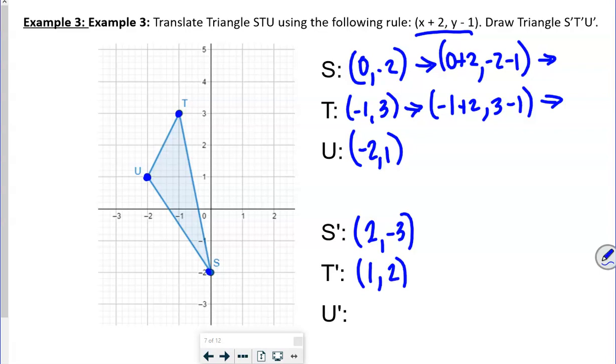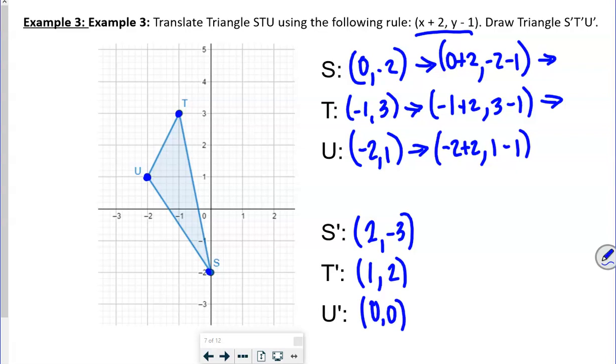And then this next one, again, we're going to go -2 plus 2, 1 minus 1. Oh, well, that's just 0, 0, isn't it, y'all?